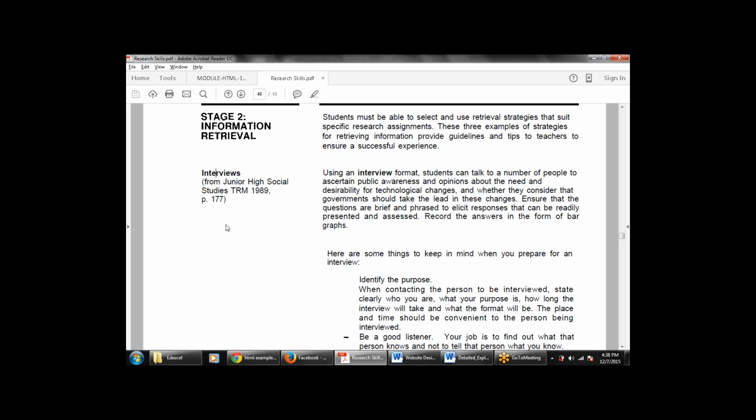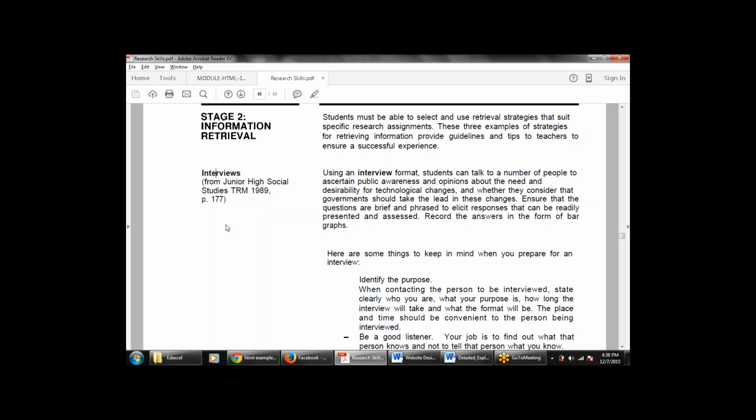Using an interview format, students can talk to a number of people to ascertain public awareness and opinions about the need and desirability for technological changes.